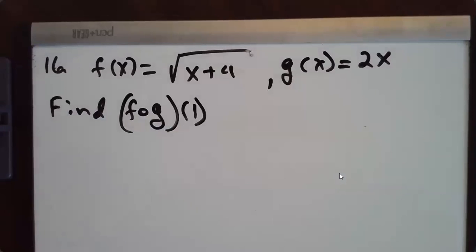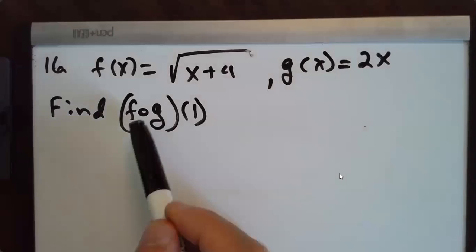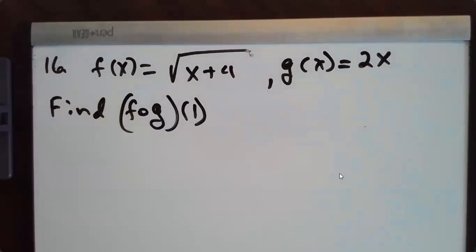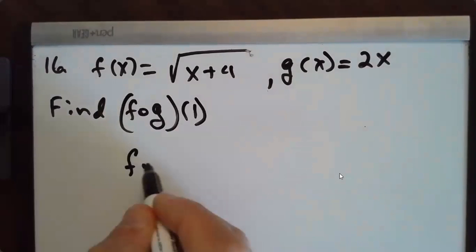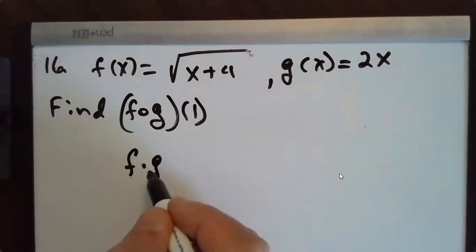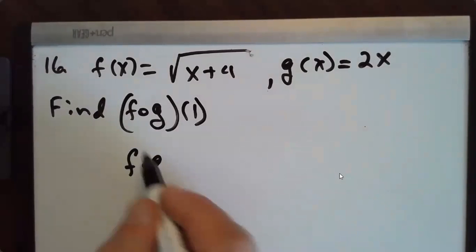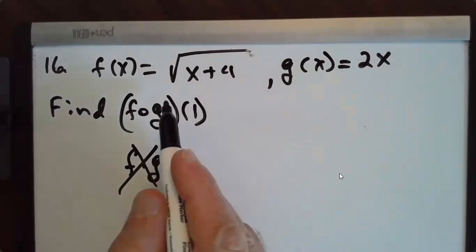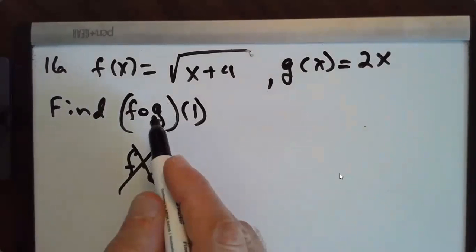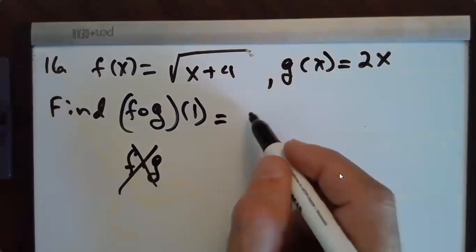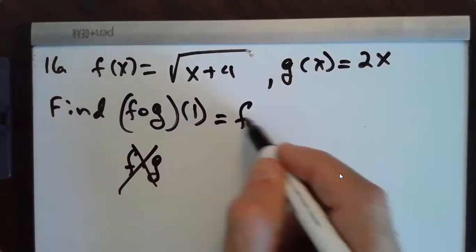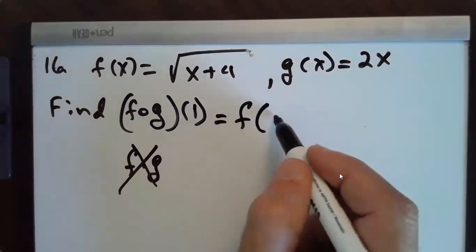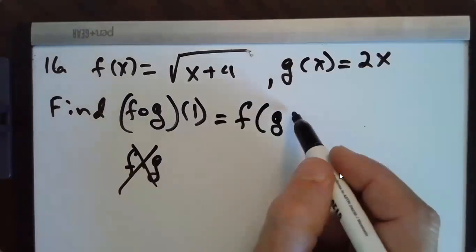Okay, so the composite function has a circle in it. That's different than this. This is f times g, but we're not multiplying, we're applying the composite function. So again, I like to rewrite this as f composed with g of 1.